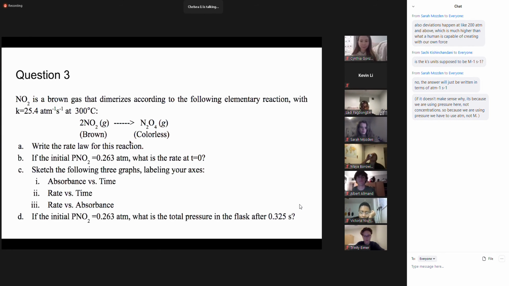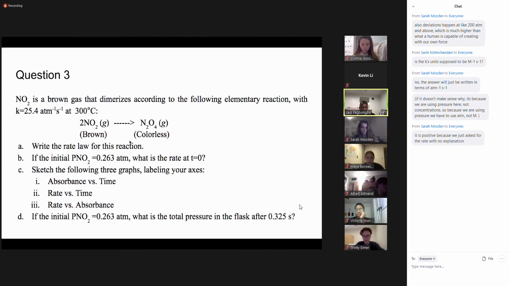Sorry, can you explain how you got the rate one more time? The rate for part B. Yeah, so we have the rate law from part A, which is rate equals k times pressure of NO2 squared.